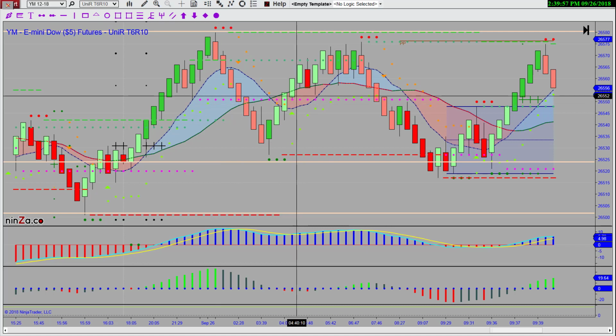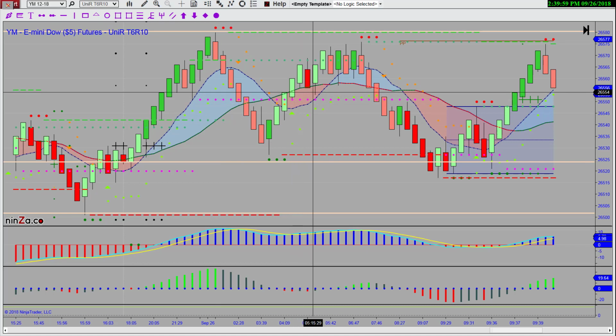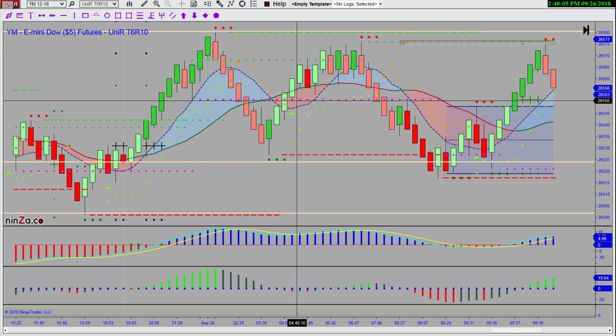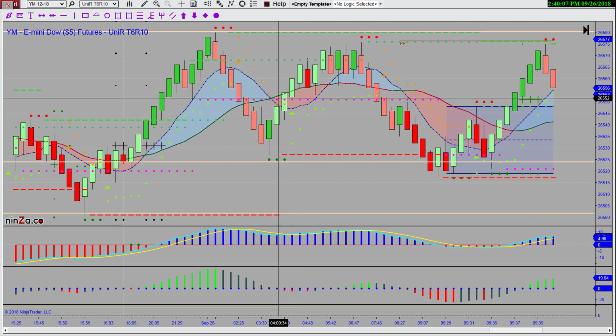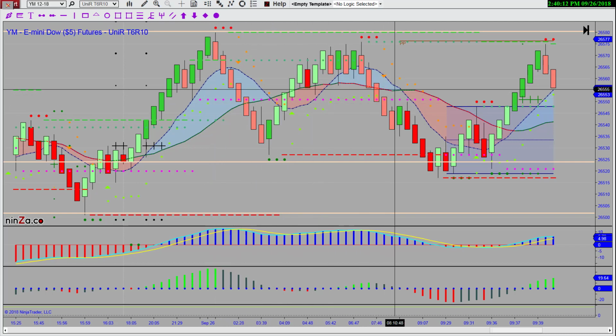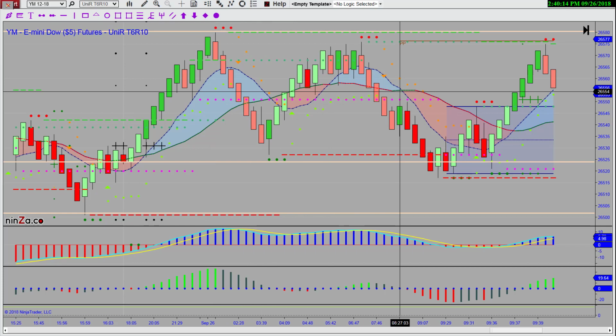When that's below the 20, what we've got is a downtrend by definition. It turns red. And when you see that it zigzags back and forth, that would be in chop. Chop zone. Chop equals no trades.